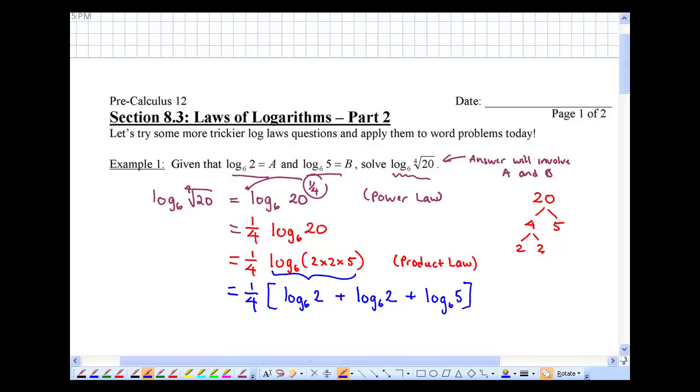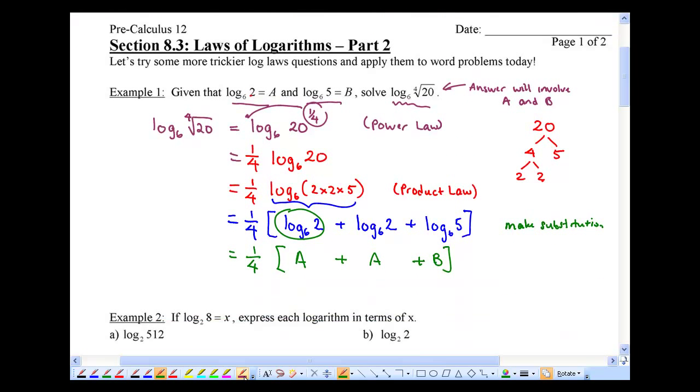And this is great because now I can finally make my substitutions. Log base 6 of 2 is just equal to A, here's another A, and then log base 6 of 5 is equal to B. So after simplifying, I'll have 1/4 times 2A plus B. Or if you want to write it as 2A plus B over 4, that works as well.